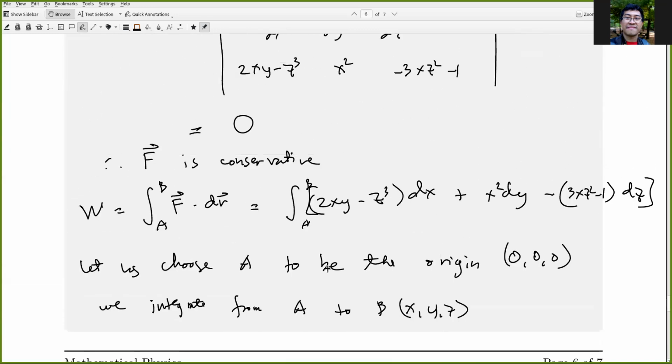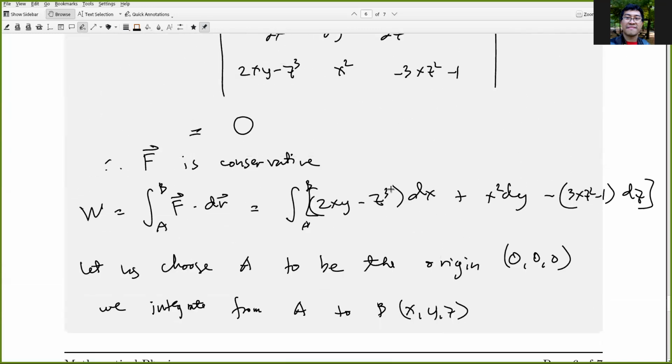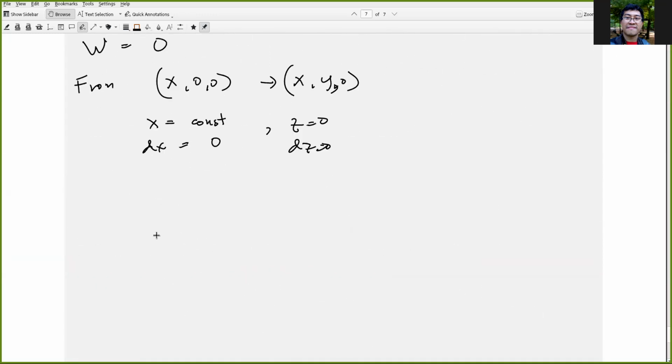So w equals the integral of x squared dy. y goes from 0 to y. x squared is a constant, so the integral of dy is y from 0 to y, so this is x squared y.